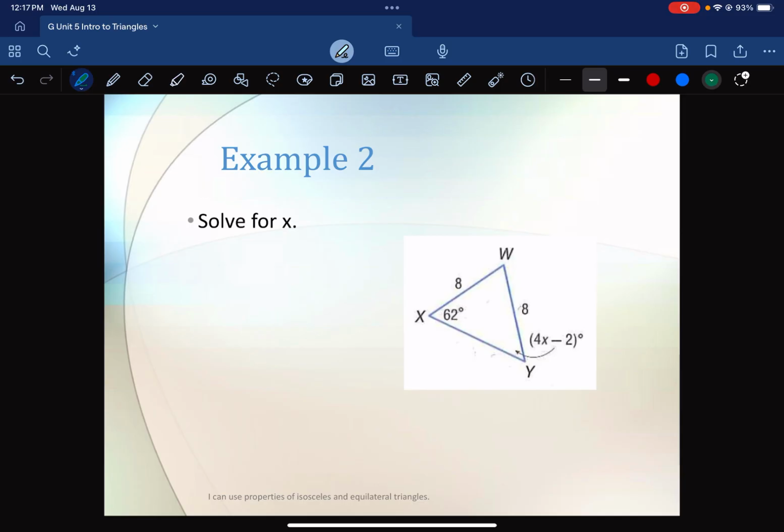Example 2, a little bit of algebraic expressions in here now. Okay, so we've got a couple of 8s. These two sides are 8. Therefore, these two angles are equal. So I can say 4x minus 2 equals 62. I can add 2 to both sides.